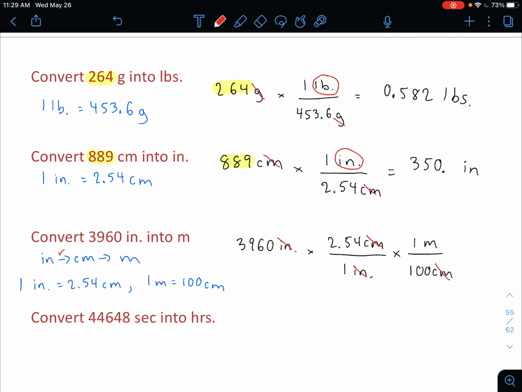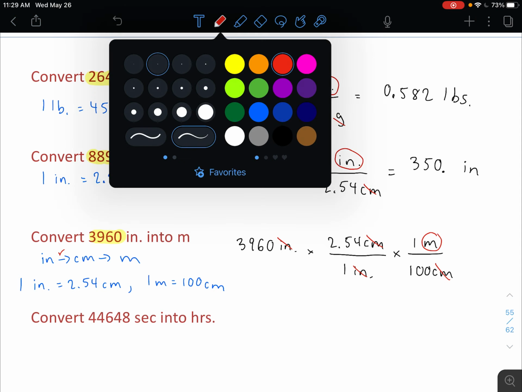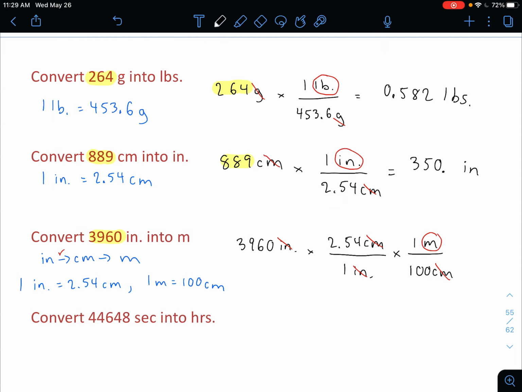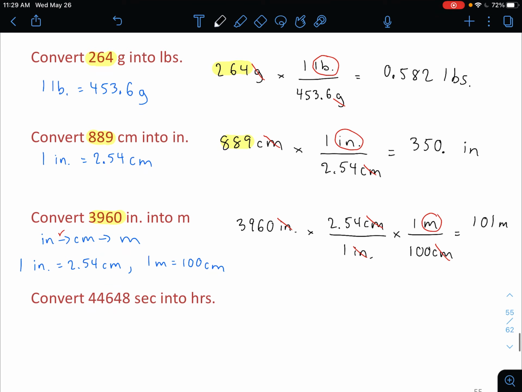I know this is right because centimeters cancel centimeters, and then that leaves me with meters, so that all looks good. 3960 has 3 significant figures, so I should report my answer to 3 significant figures. I think it'll fit here. Let's see what we get. Calculator says 100.584. So to 3 significant figures, this would be 101 meters.